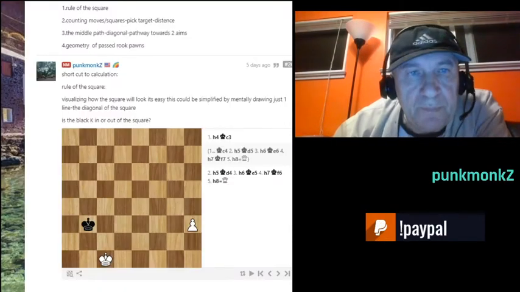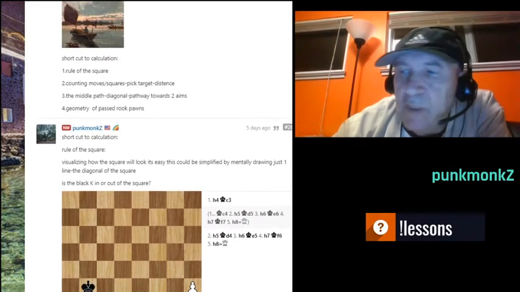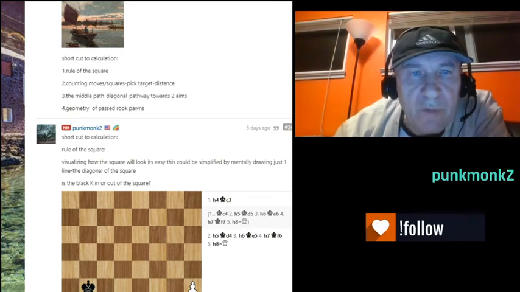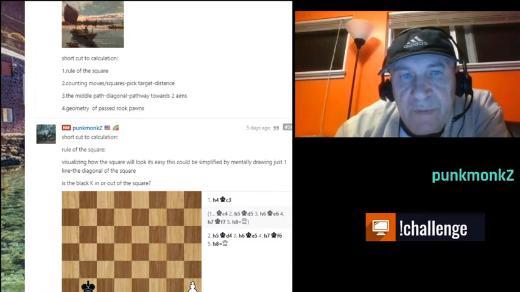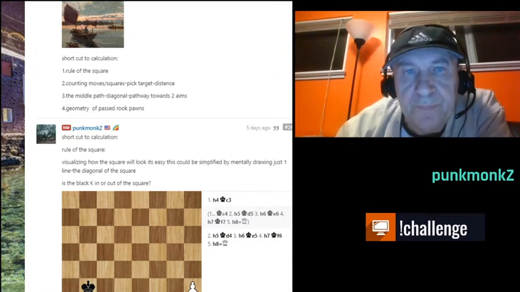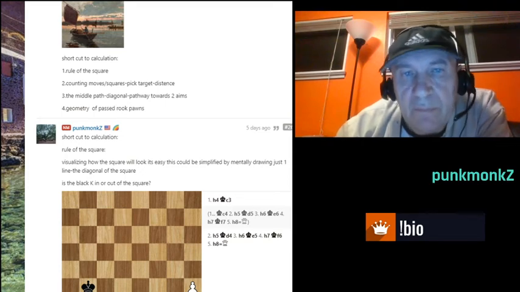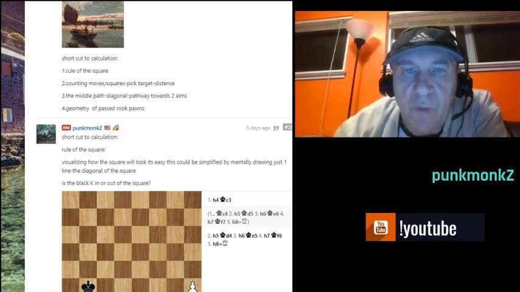Let's start. We're going to look at shortcuts to calculation. We're going to look at the rule of the square. And then we're going to look at counting moves or counting squares. Then the diagonal, a pathway towards two aims.